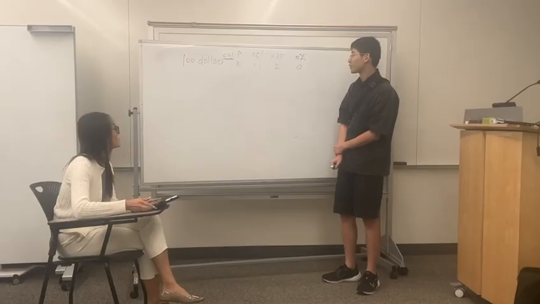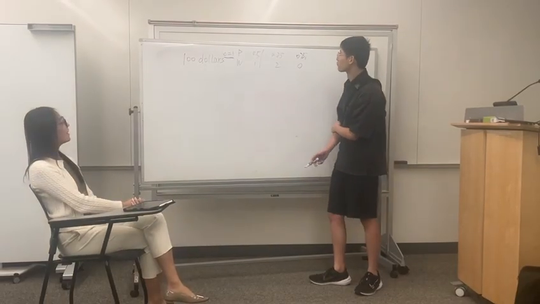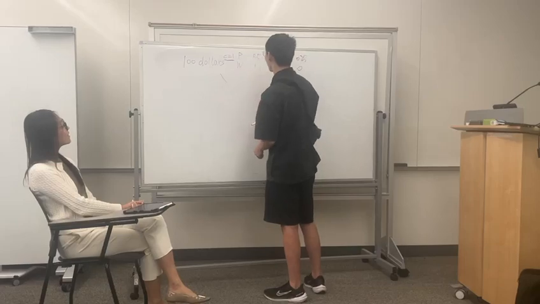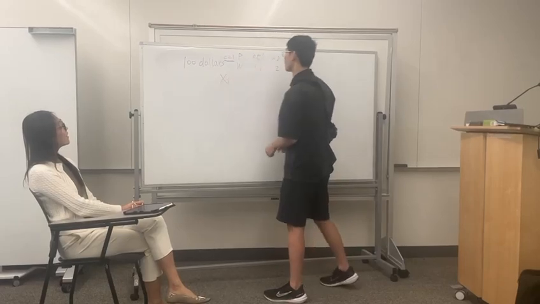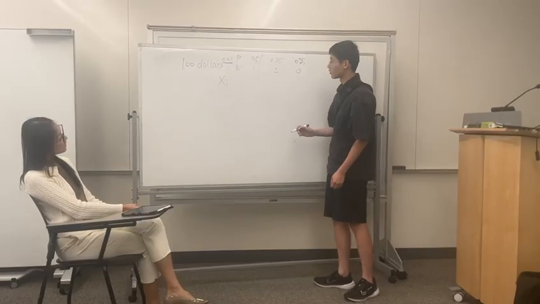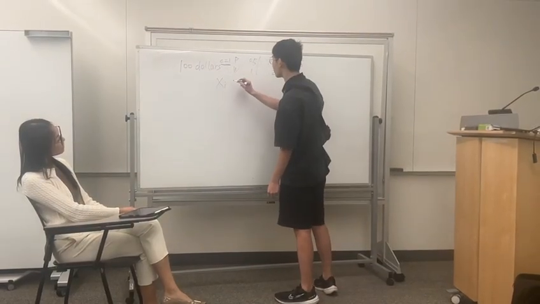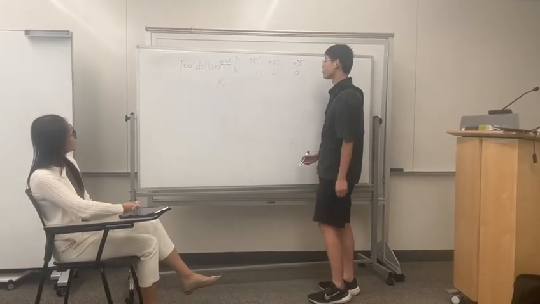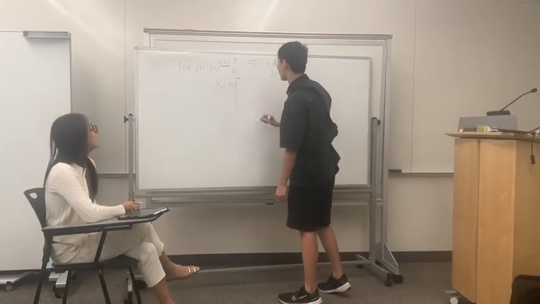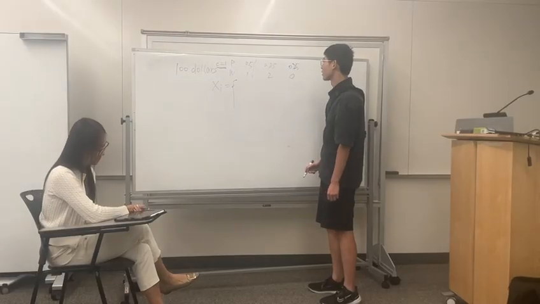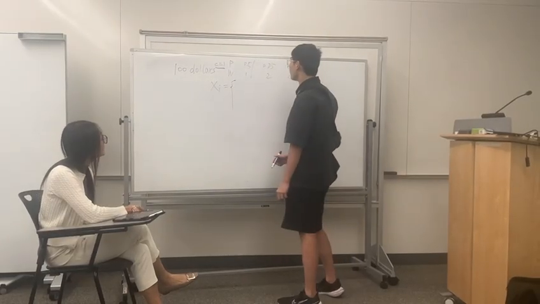Okay, so the first thing I would do to solve it is to denote the net gain of each single game to be xi. So xi can have several outcomes.